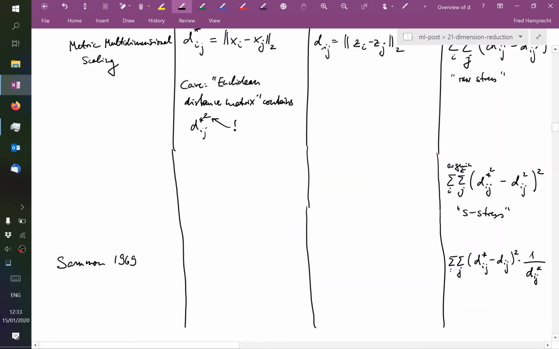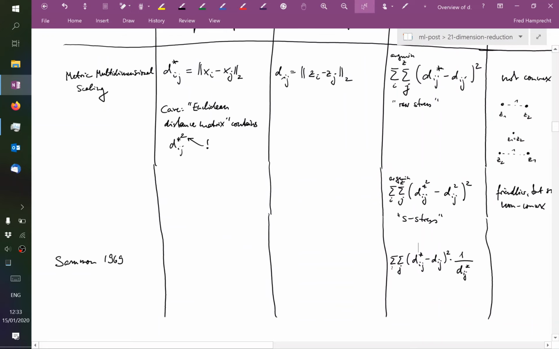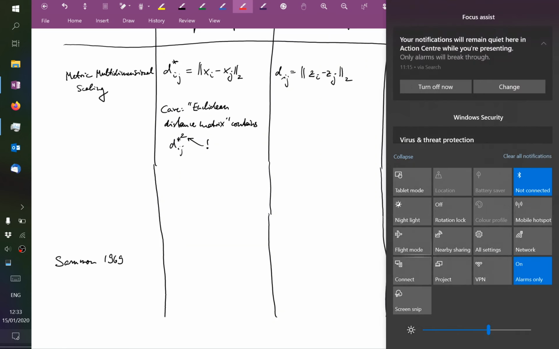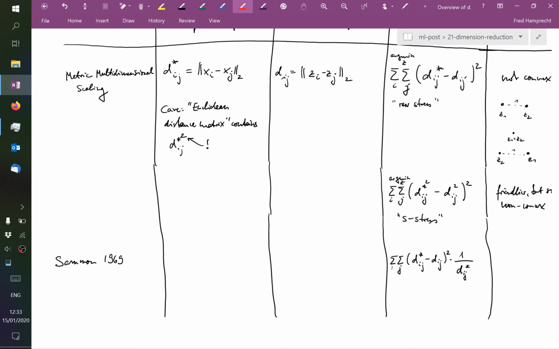I don't remember. Can somebody look that up and inform me? Manuel, maybe. Thank you. But the important thing is that these contributions are now weighted by the distance in the high-dimensional space to reduce the impact of that.